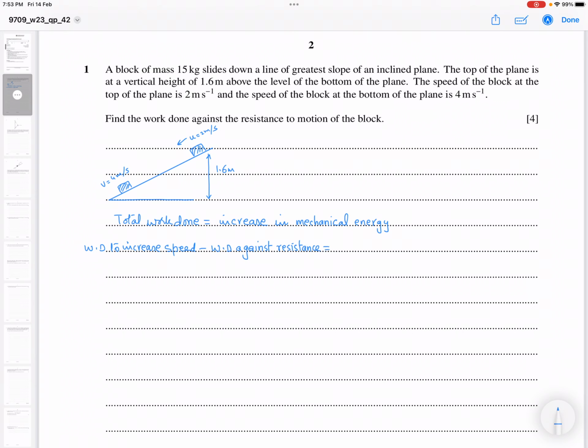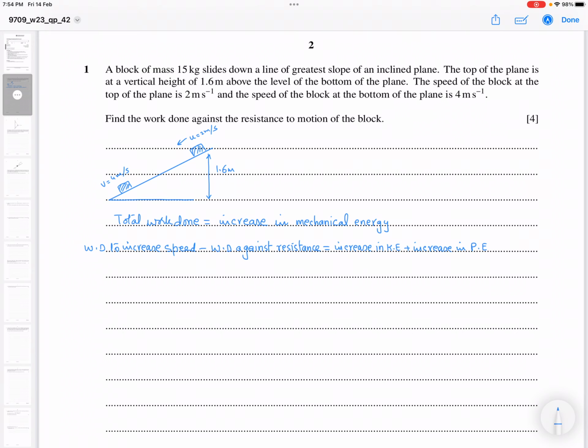This should be equal to increase in mechanical energy, and that comprises of increase in kinetic energy plus increase in potential energy.